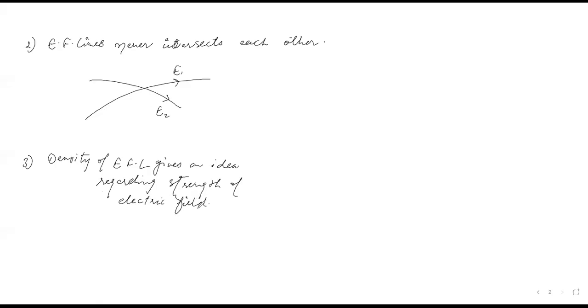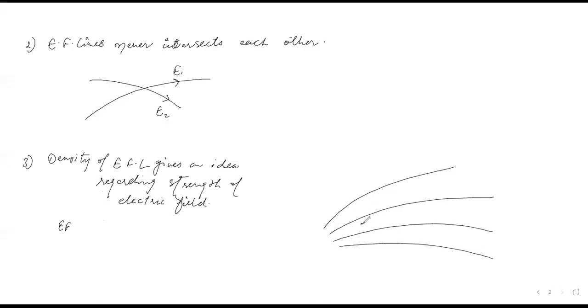Suppose that you have many field lines like this, and you choose two different points in this field. This is your point 1, and this is your point 2. The electric field strength at this position is E1 and here E2.